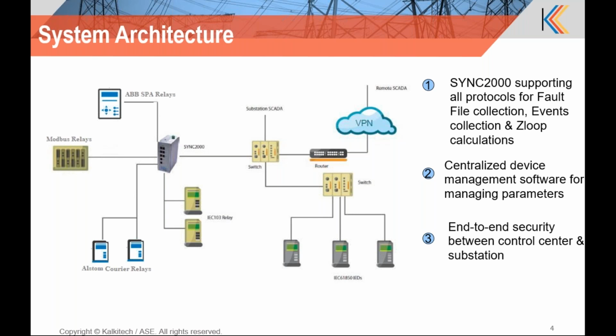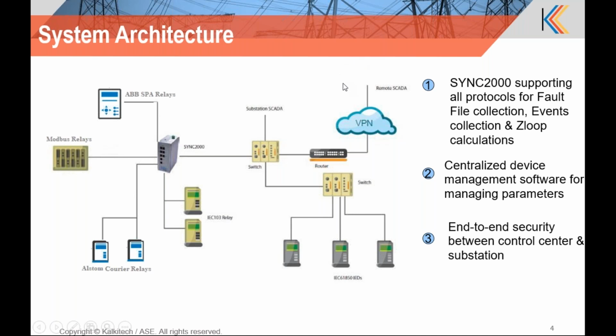So there are four parts associated with it. One is live data collection, second is fault file collection, third is event collection, and fourth is converting it into the loop impedance value and transferring it over the protocol to the central system to calculate the fault location.